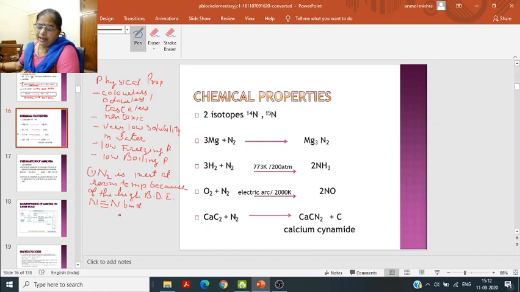Now as we move down the group, the reactivity increases with increase in temperature.